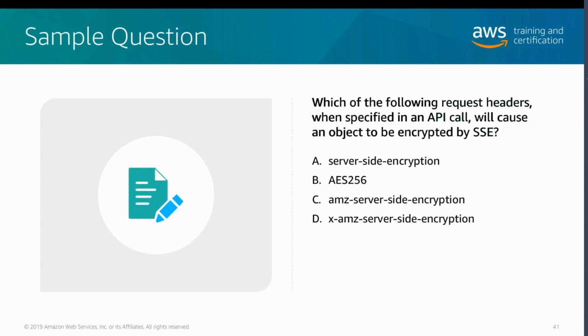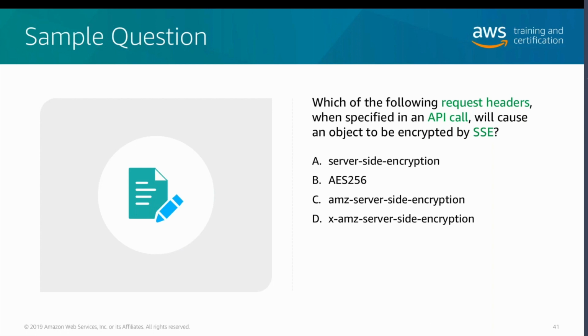This is a sample S3 question, and it's saying we have to pass a header into our API request, which is going to cause it to be encrypted by server-side encryption. All right, so we can look at request header. Well, that's a key right there, and it's an API call as well that will be encrypted server-side.